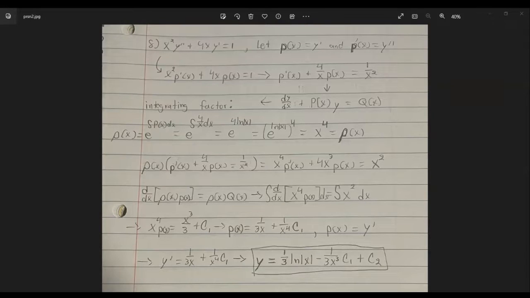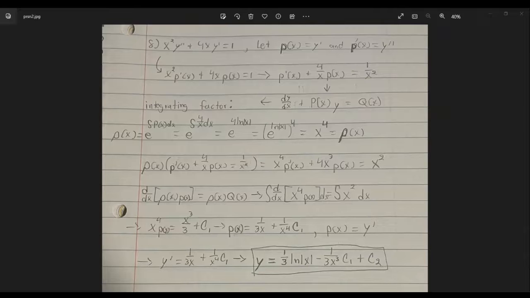Isolating p of x gives 1 over 3x plus 1 over x to the fourth times a constant. In the second step, p of x equals y prime, and we want the general solution.